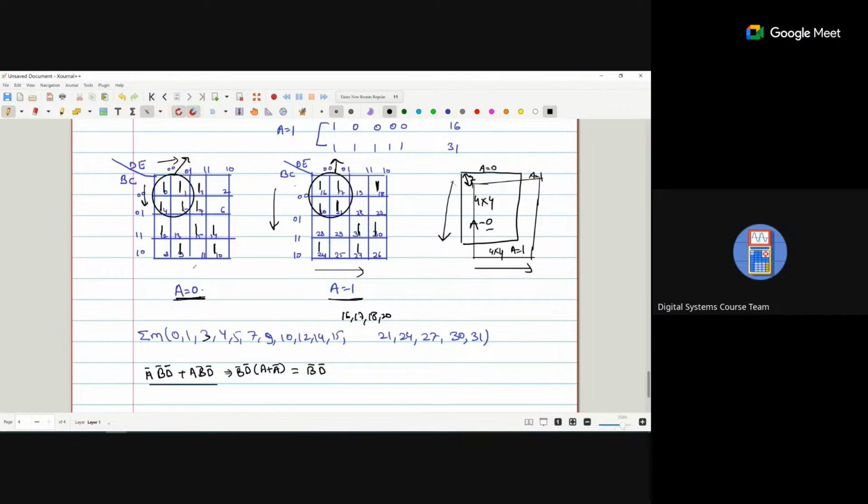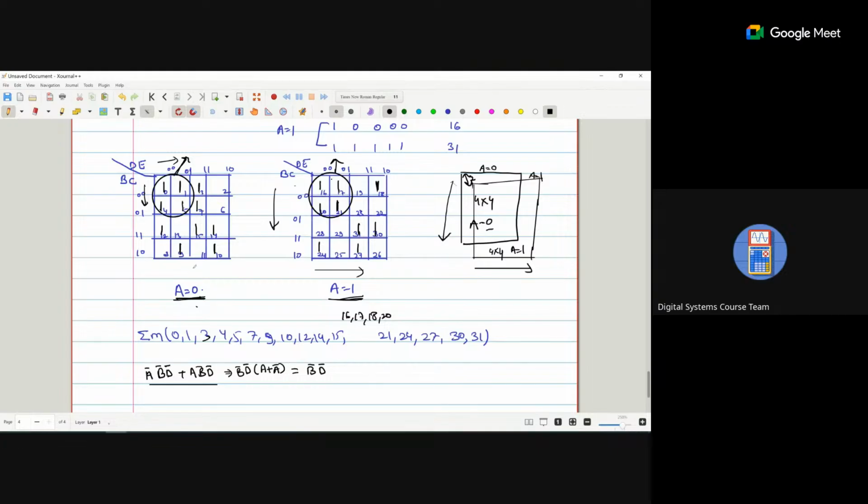If I consider only this group of 4, A is present. If I consider this group of 4, A is present. But when we overlap these two groups and make a group of 8, A will not be available. Why? Because an A plus A bar term will be created and that is 1, so A will be cancelled out.